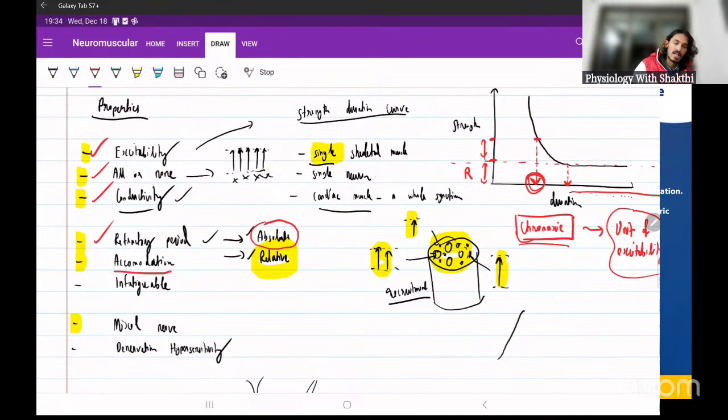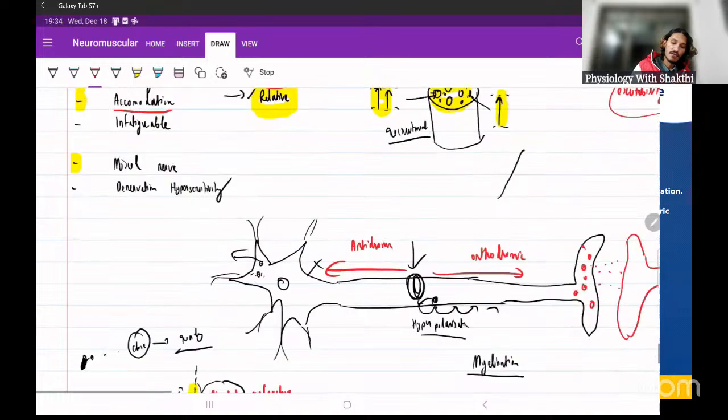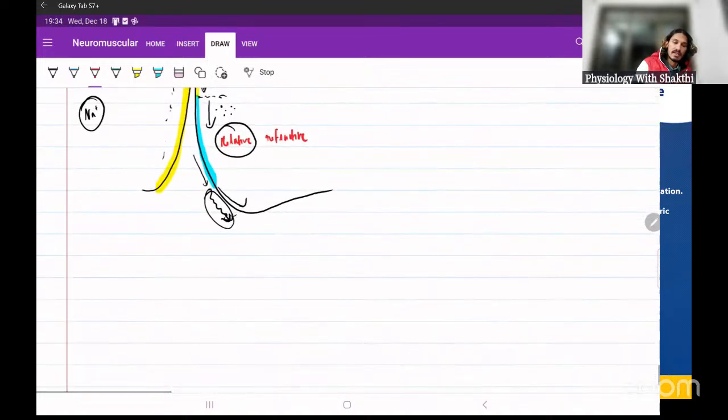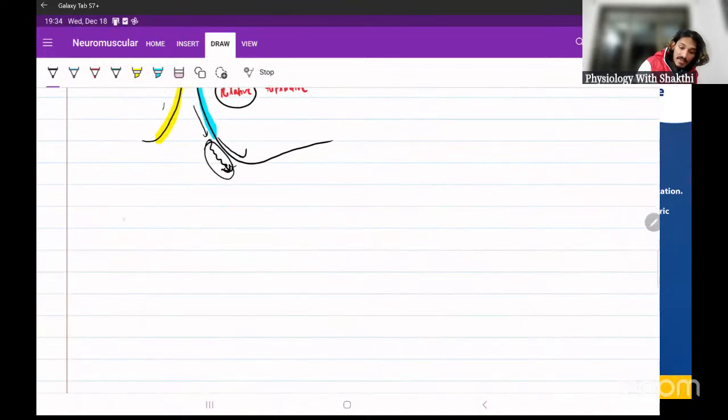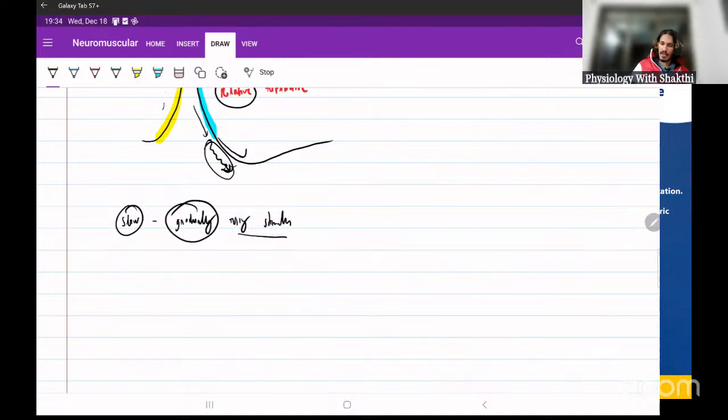Now, what about accommodation? For accommodation, the prerequisite is you give a slow, gradually rising stimulus. It's not a sudden stimulus like this, but a gradual stimulus like this, and it needs to attain its threshold.